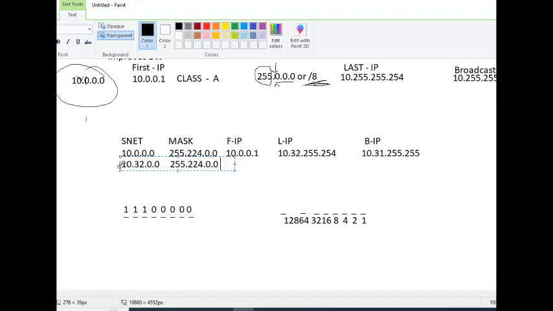And then the first IP will be 10.32.0.1. And the last IP will be 10.63.255.254. I'll teach you how I got 63 here.